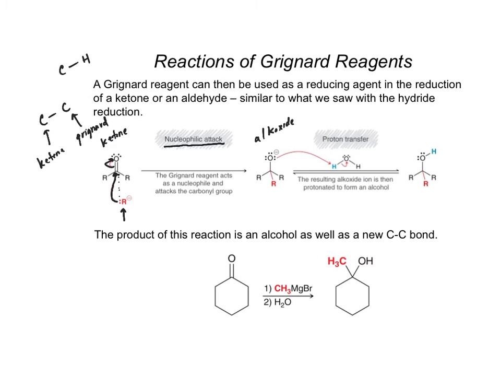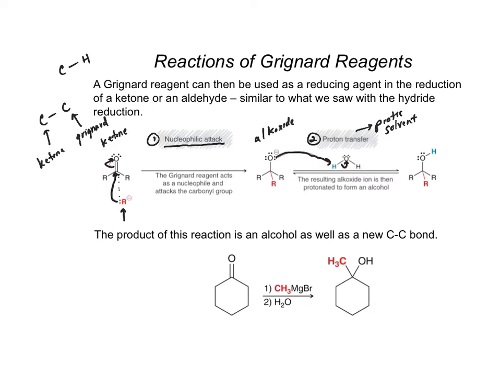Again, we can't end there because we have a negative alkoxide ion. So to produce our alcohol at the end of the day, we need to protonate that. We're going to do that via a second proton transfer step, just like we saw for sodium borohydride and lithium aluminum hydride. That proton is going to come from some sort of protic solvent. So again, this can be water, ethanol, or methanol. Our alkoxide is going to act as a base.